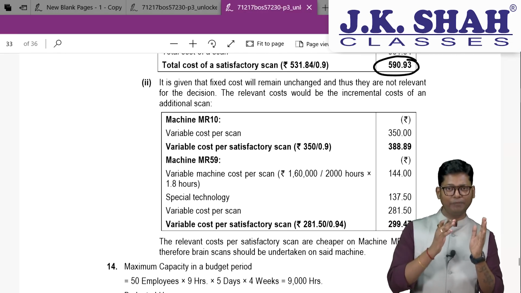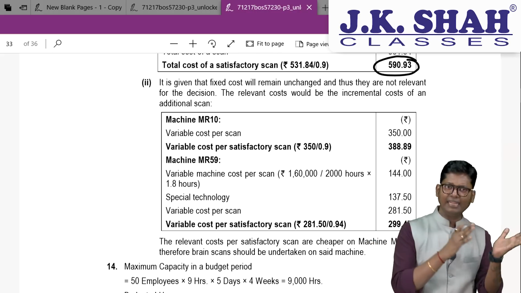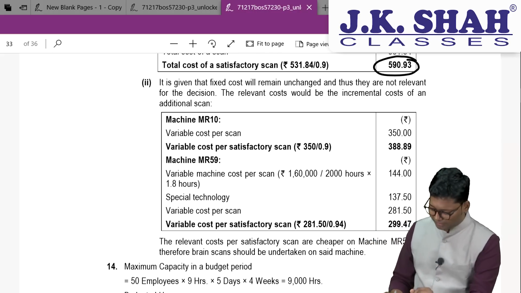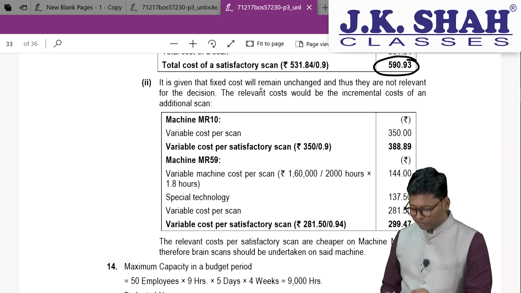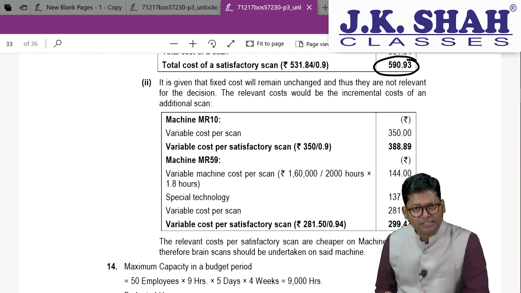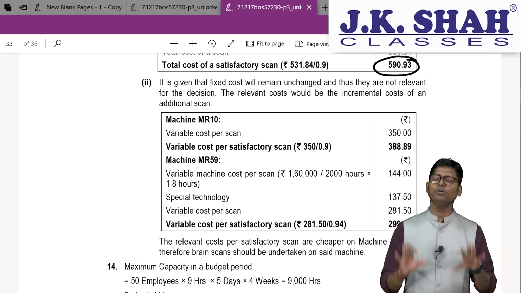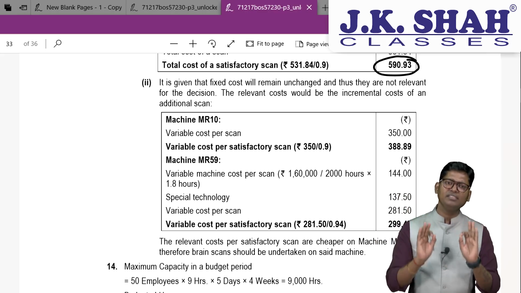You can prepare only MR59 related data and directly compare them, or you can even use this method. It is given that total fixed cost will remain unchanged and thus it is not relevant for decision making. For decision making purposes, fixed costs are not considered because they are not unit costs, they are period costs. Even if you record them, your decision will be the same.